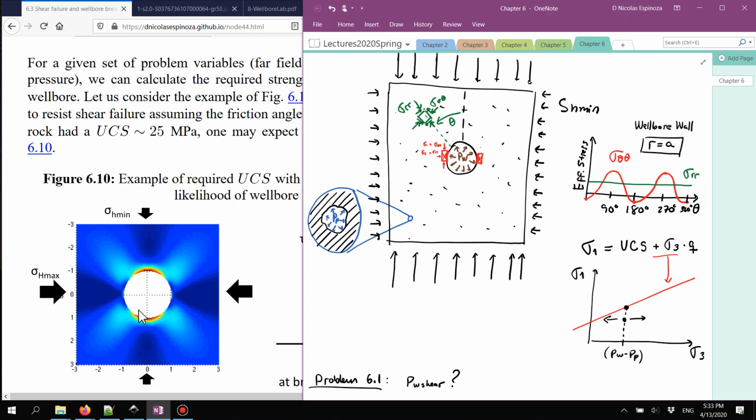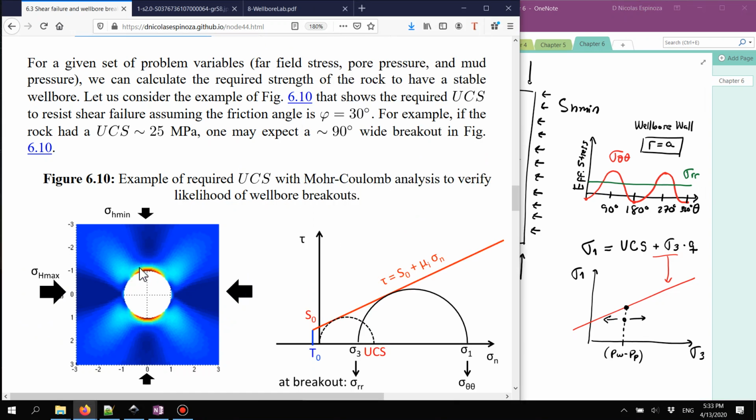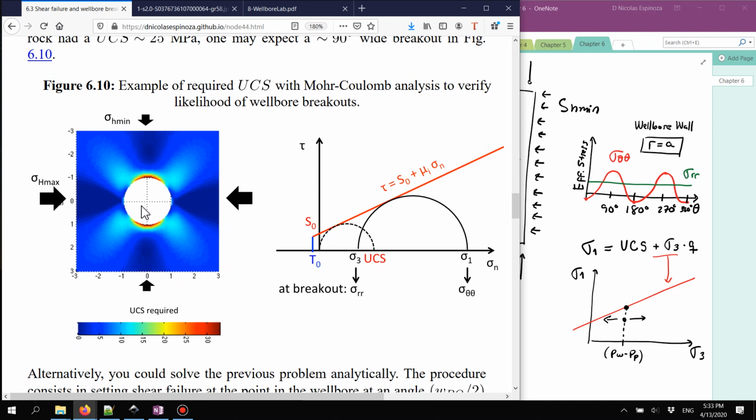In this example on the left, in red I have the region in which the hoop stress is calculated with these boundary stresses, sigma h max and sigma h min, without any effective radial stress support.